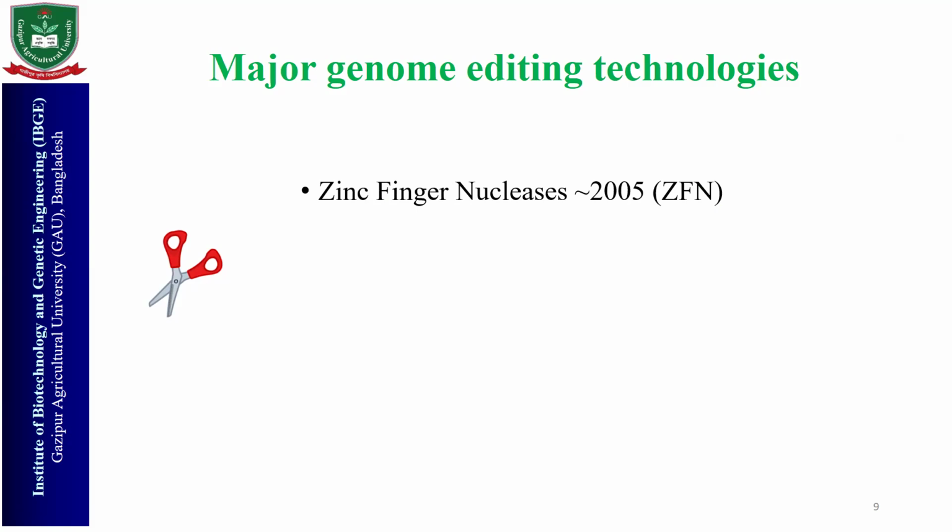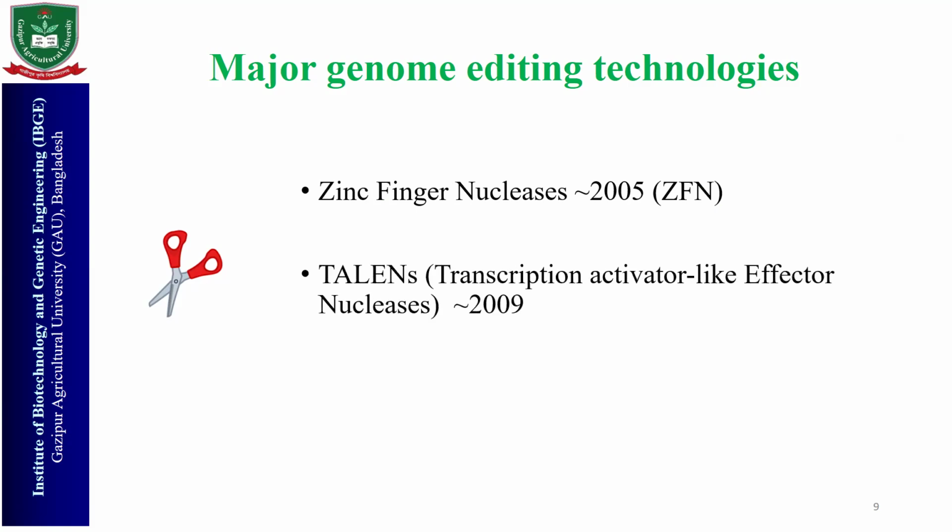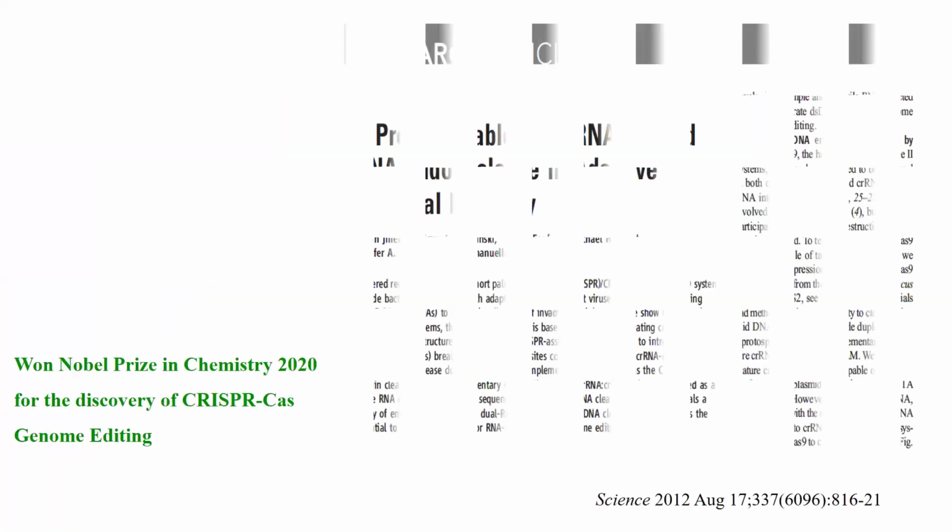So zinc finger nuclease was the first genome editing technique discovered by scientists. The second one, transcription activator-like effector nuclease, TALEN. And the latest one is CRISPR-Cas in 2012, which is not only the latest technology, but also much more user friendly.